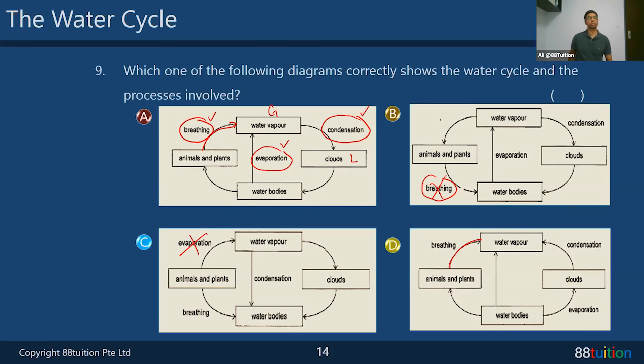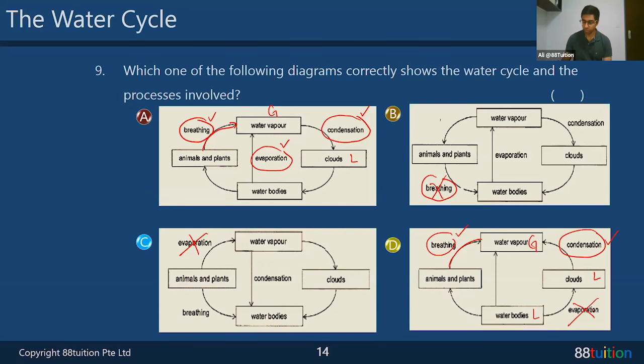So that's why these two are wrong, right? Okay, so I'm going to D straight away. Breathing, correct. Clouds to water bodies, liquid to liquid, okay. This one is gas. Okay, gas to liquid, this one, correct. This one, okay. Why? Because it's liquid to liquid.